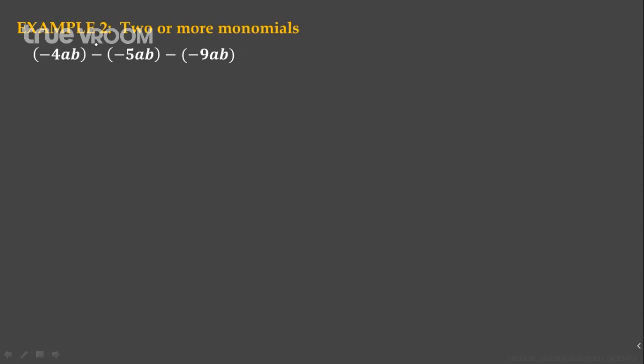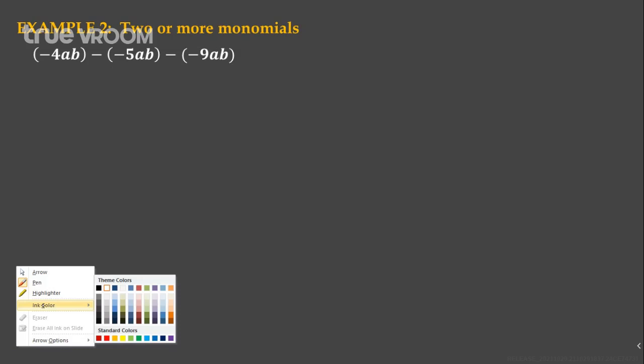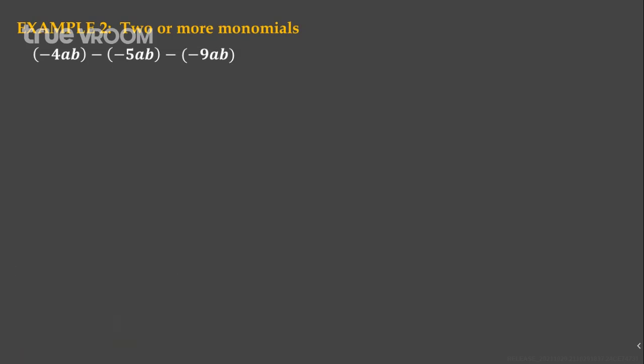Just do the same. We are going to change minus to plus. Change the next number. Negative 4ab plus 5ab, very good, plus 9ab.